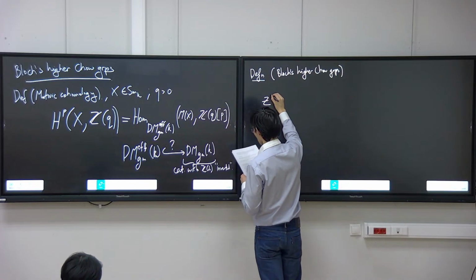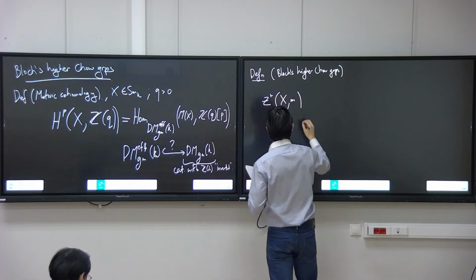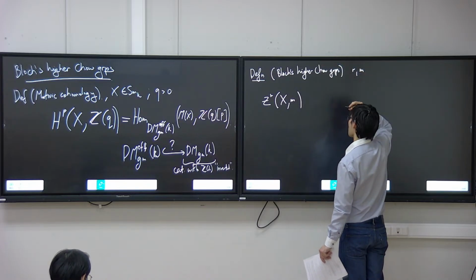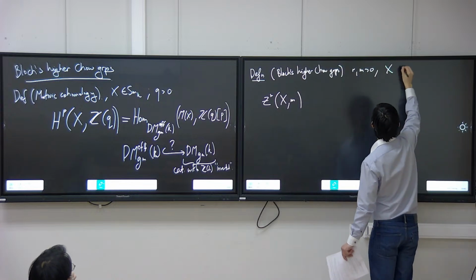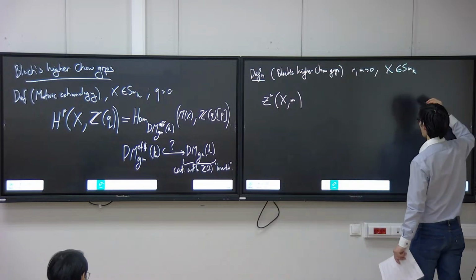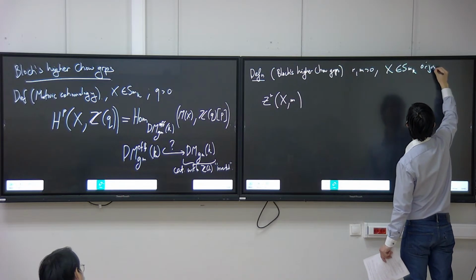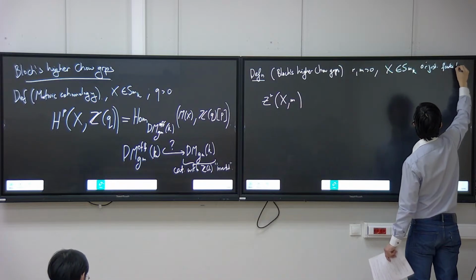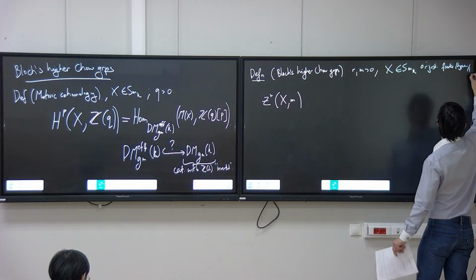Z^r(X, m), so here r, m are positive integers, and X is a smooth separated scheme, but it can also be just of finite type, over k.